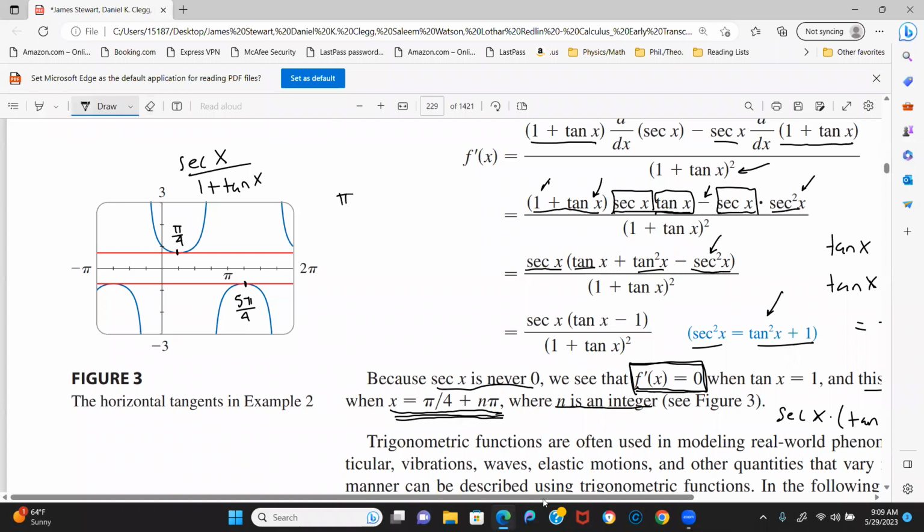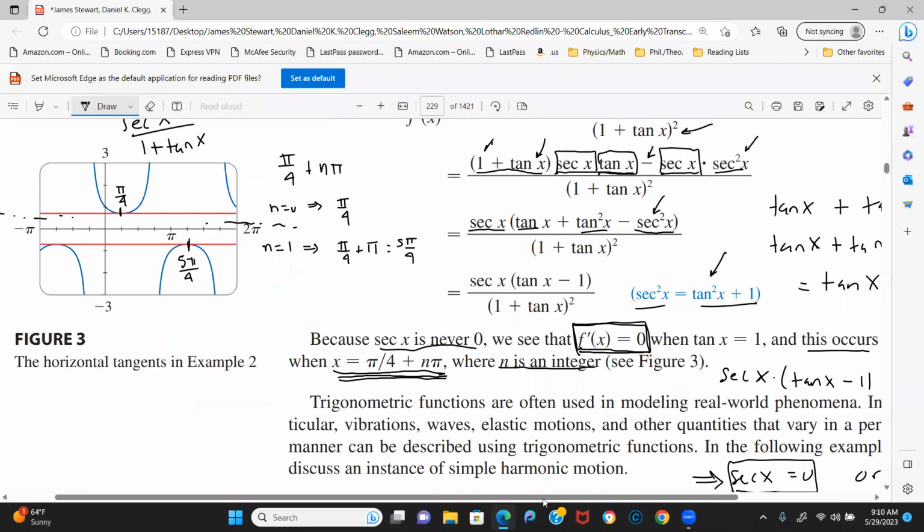So you have pi over 4 plus n pi. And when n is 0, you get pi over 4. When n is 1, you get pi over 4 plus pi, which is equal to 5 pi over 4. And then you get a bunch of other values going out to negative infinity and then positive infinity. They only showed 2 of these values on the graph where you have these horizontal tangent lines.